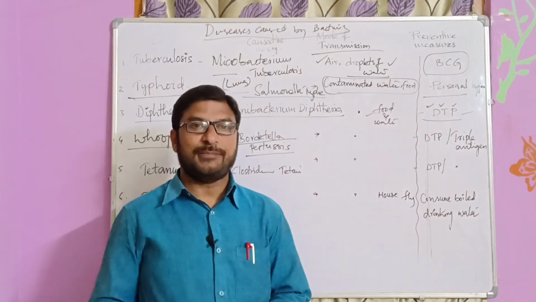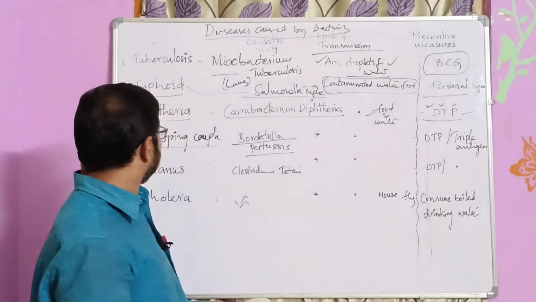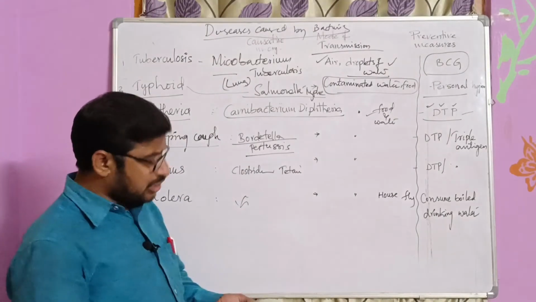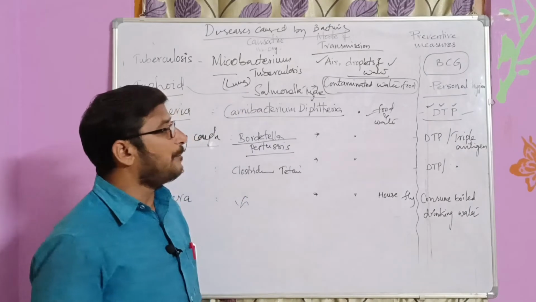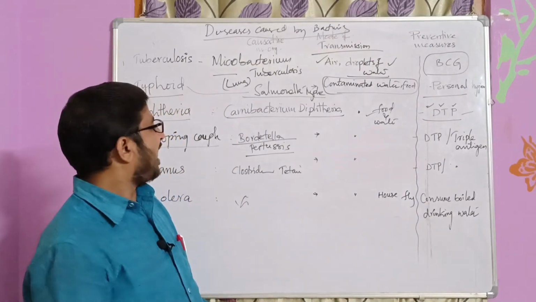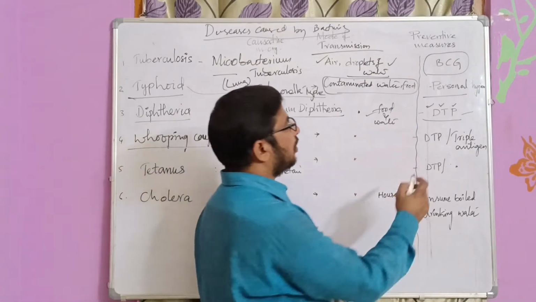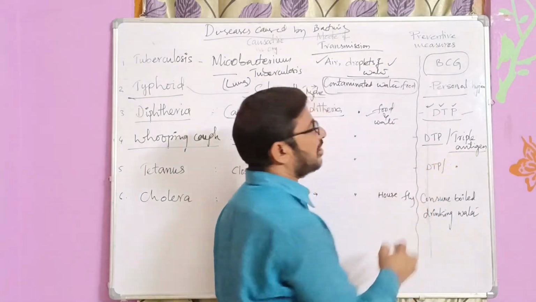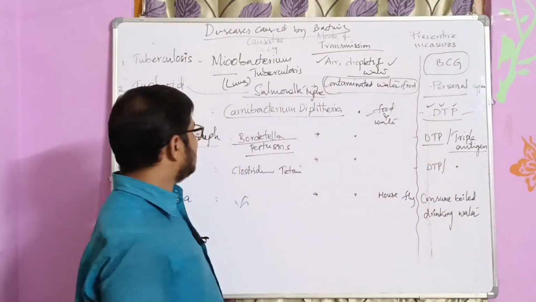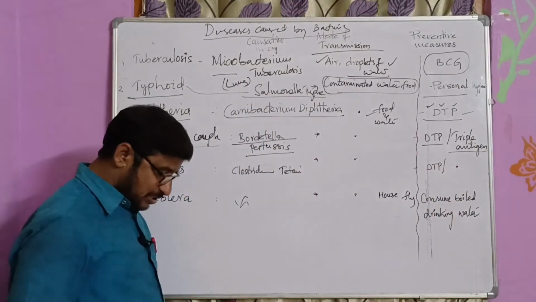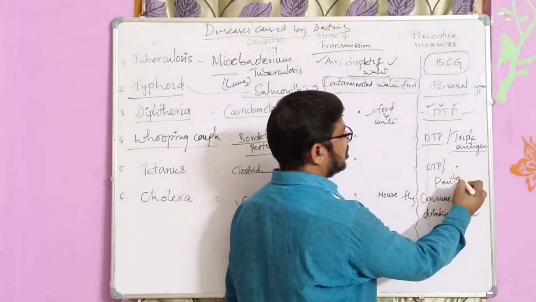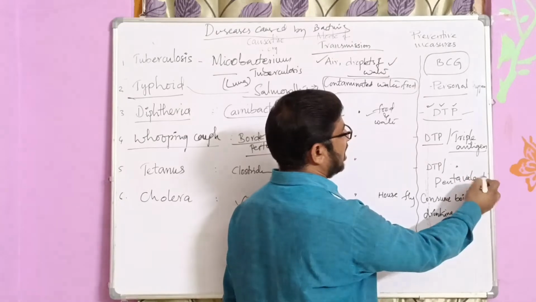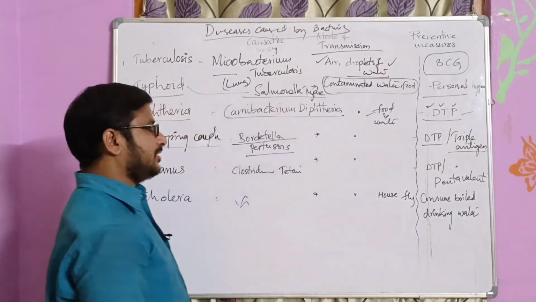The mode of transmission is mainly food and water, and this is also prevented by the triple antigen DTP. Nowadays it is also given as a pentavalent vaccine.